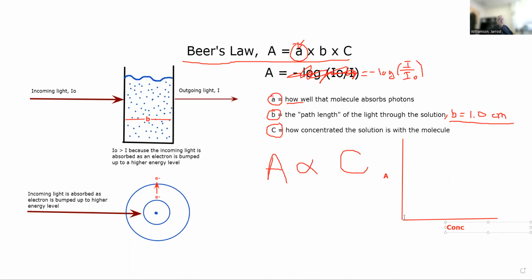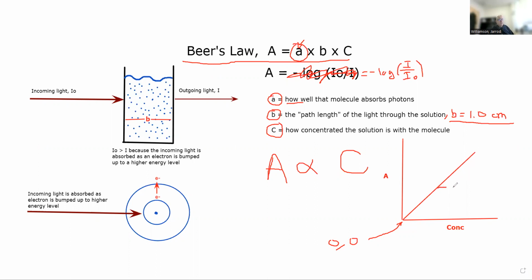And we would get a line that looked something like this. We're at zero concentration. We should have zero absorbance, because with no molecule in there, we should have no absorbance.